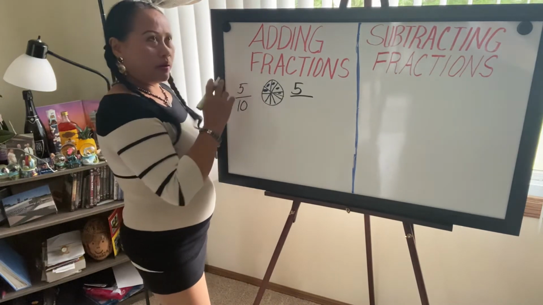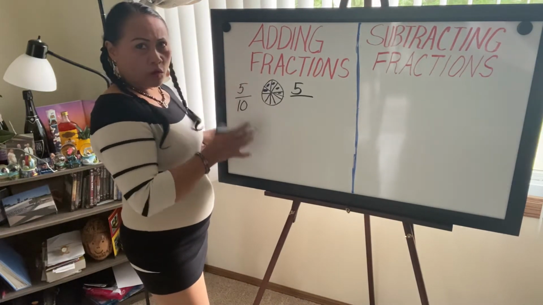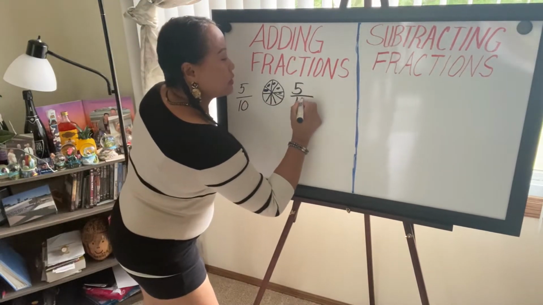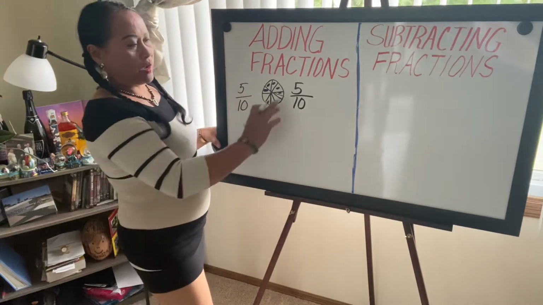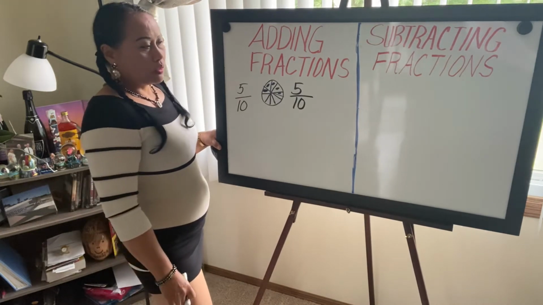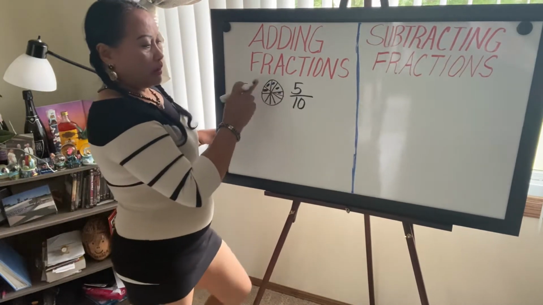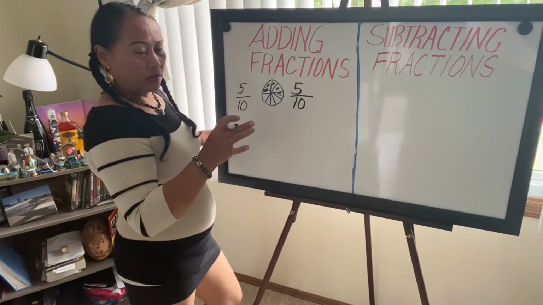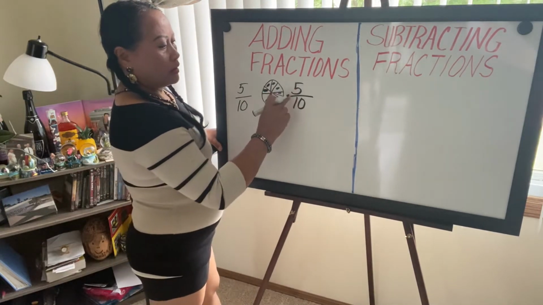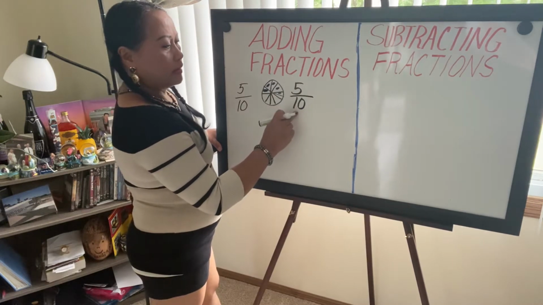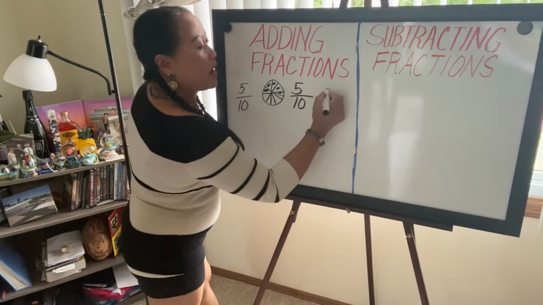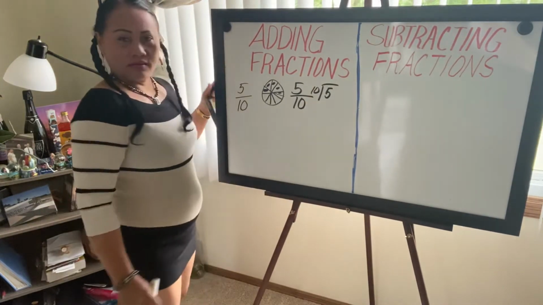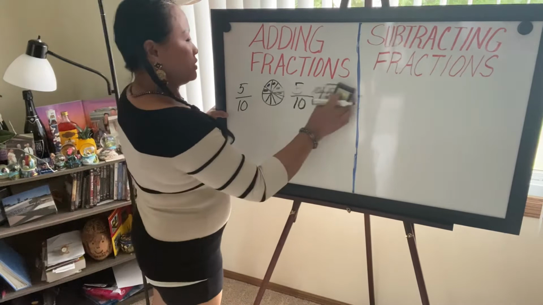Since there are 10 pieces in the whole pizza, now we will write 10. 5/10. So fractions is a division. 5/10 means 5 divided by 10. That's what it means.